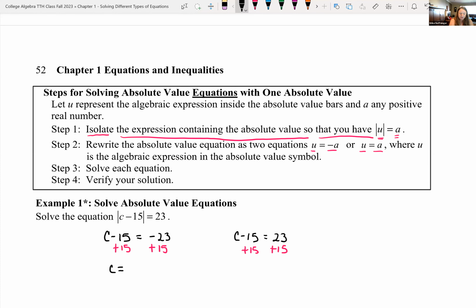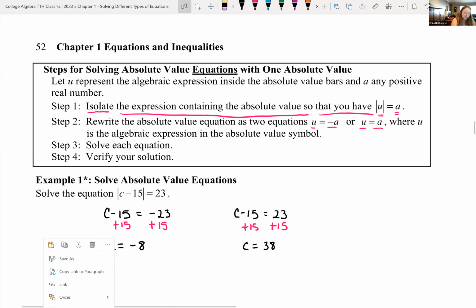I notice I have opposite signs, so we have to subtract. 23 minus 15 is 8, but the larger number has a negative, so this is -8. Adding 15 to the other side of c minus 15 equals 23, we have 23 plus 15, which gives us 38. So we have two solutions here.